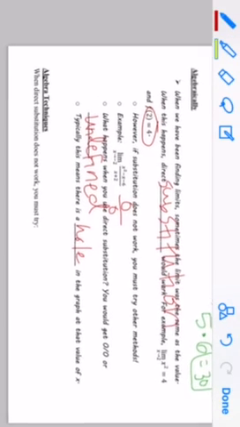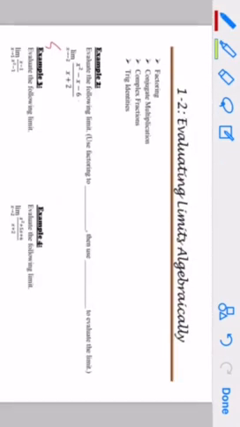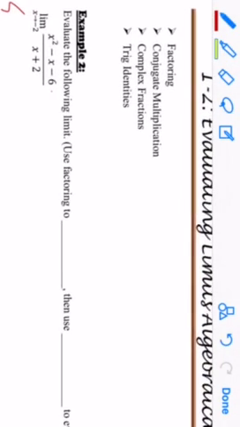So when this happens, we need to try a few algebra techniques. Let me scroll to that. Either factoring, conjugate multiplication, complex fractions, or trig identities. And today we're really just going to do factoring, okay?